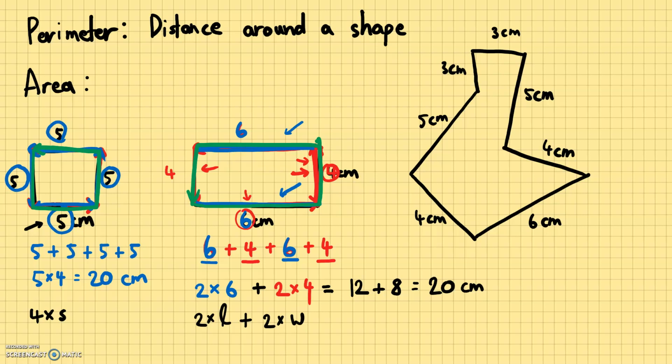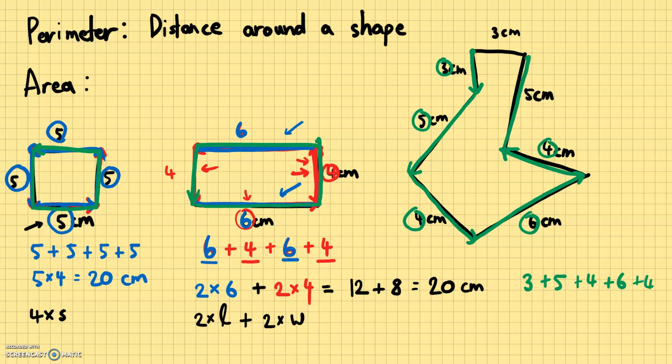So just remember, perimeter means going around the shape. We went 3 centimeters, and then 5 centimeters, and then 4 centimeters, and then 6 centimeters, plus 4 again, plus 5, and then 3.